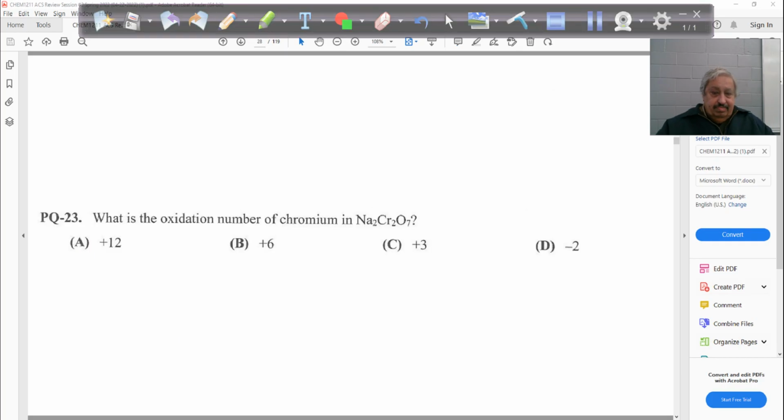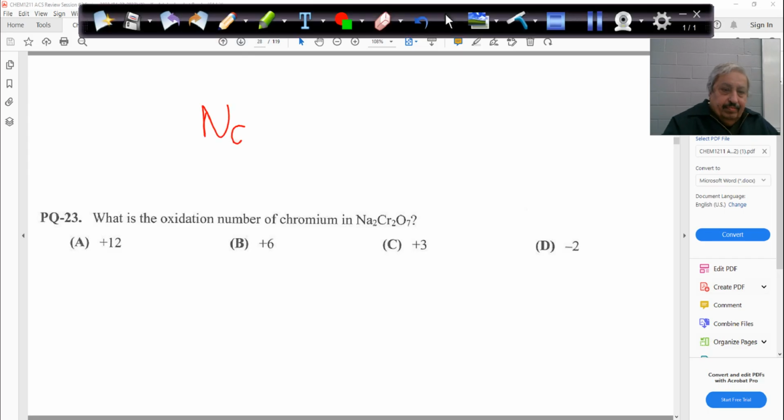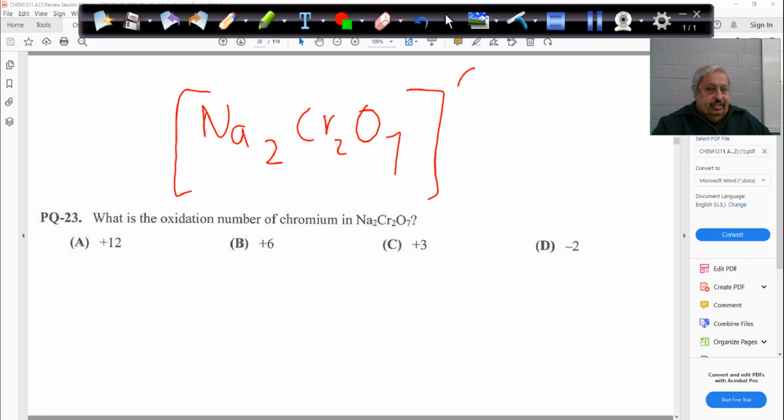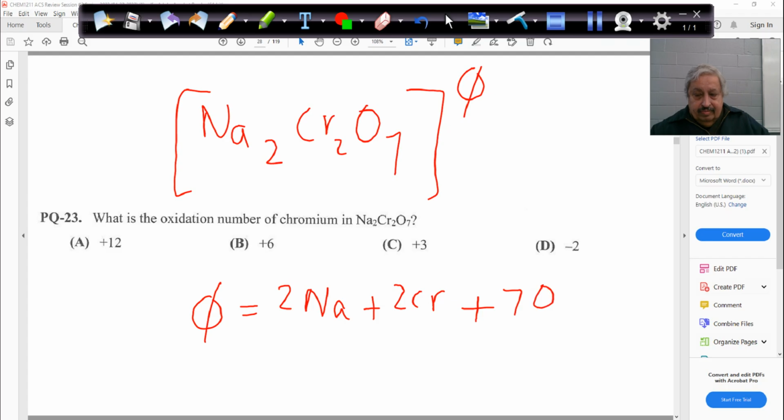What is the oxidation number of chromium in sodium dichromate? Okay, this one I will help you with. So I have sodium dichromate, Na2Cr2O7. The sum of all the oxidation numbers is neutral, which is 0. So 0 equals 2 sodium plus 2 chromium plus 7 oxygens.